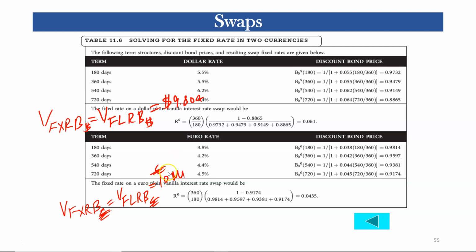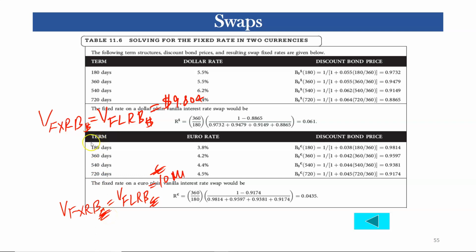If we want to value a currency swap, we have to convert either the euro notional value into dollar notional value or the dollar notional value into euro notional value. In both cases, the value of the currency swap will be 0 when we convert the value of the fixed rate bond in dollars into euros, or the value of the fixed rate bond in euros into dollars.